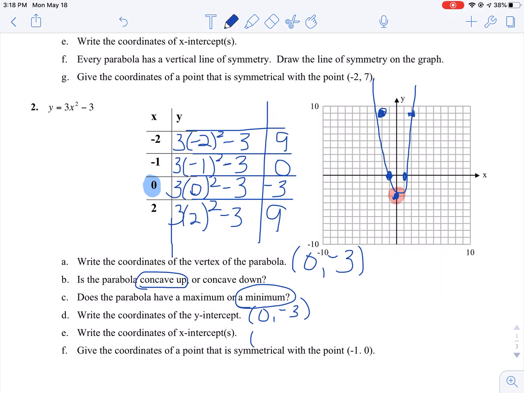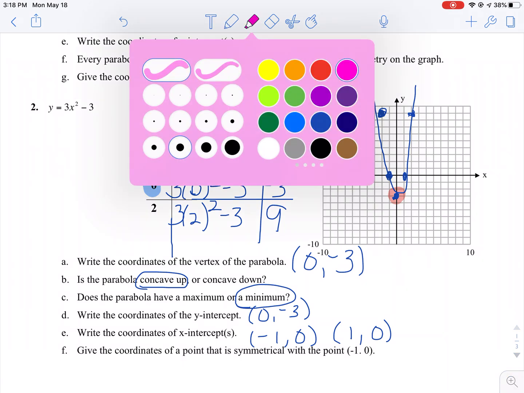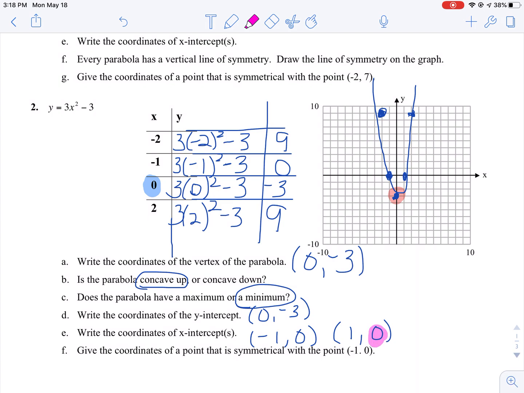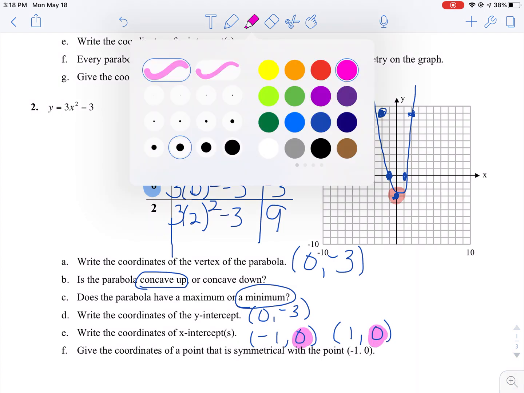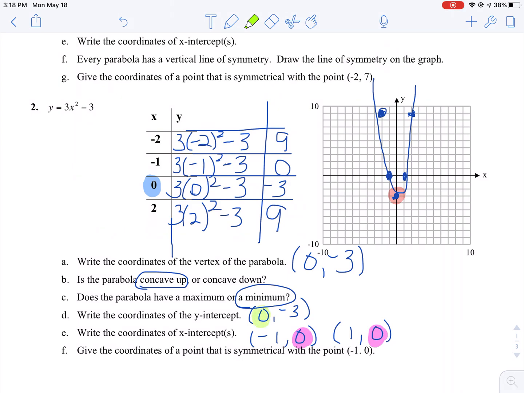One occurs at negative 1, because y is 0, and the other one occurs at 1, because y is 0 there also. Just keep in mind that if you do have x-intercepts, your y-coordinate is 0. And if you have y-intercepts, your x-coordinate is 0.